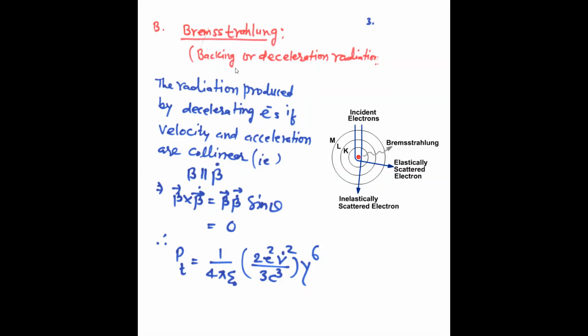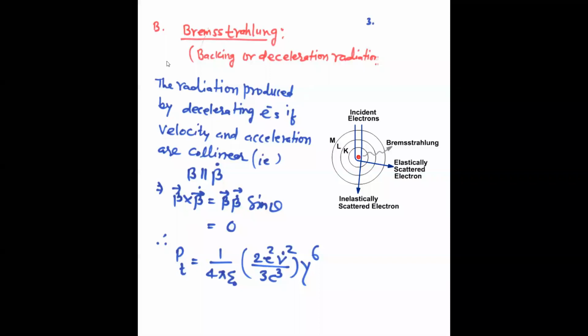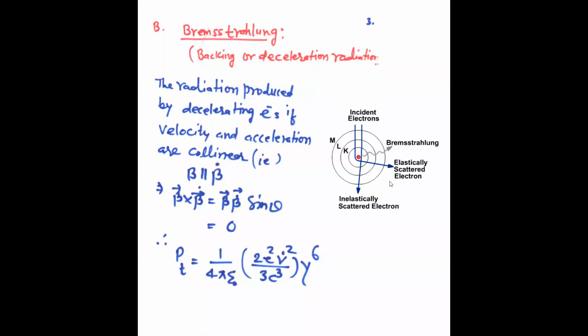So in Bremsstrahlung, how are these formulas important? In this picture you can clearly see, if we discuss electron-atom collision, we know that there are two types of scattering: one is elastic scattering and another is inelastic scattering.